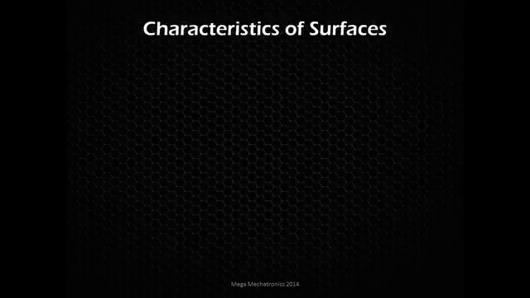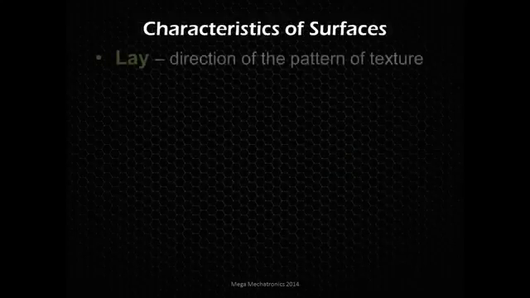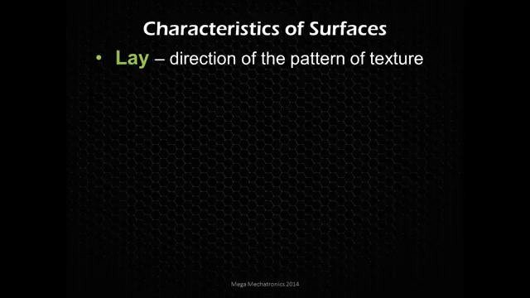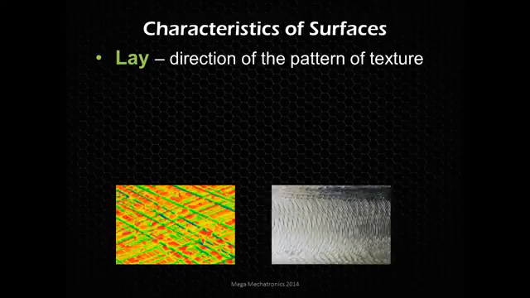So characteristics of surfaces, first we have the lay, and that's the direction of the pattern of the texture of that material, of that surface boundary. You could see a couple images there where the one pattern has a sort of lay 90 degrees from each other, straight lines, and then this sort of milling process.